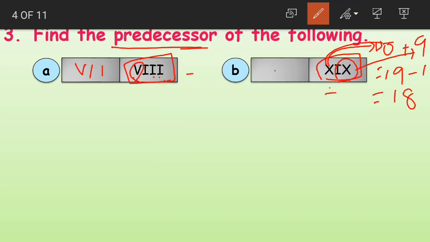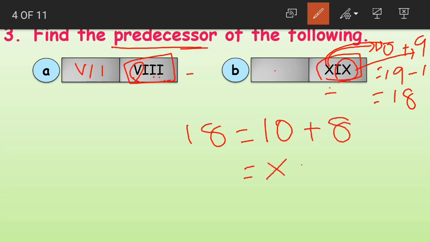Now how do we write 18 in Roman numerals? As I said, write the expanded form: 10 plus 8. We know that 10 is equal to X. Now again, how do we write 8? 8 can be written as 5 plus 1 plus 1 plus 1.